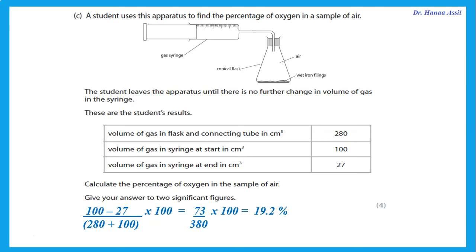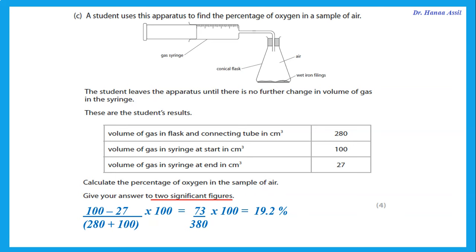Are we finished? No, we haven't. The question says, give your answer to what? To two significant figures. So if you don't change this to two significant figures, you lose a mark. So two significant figures would be 19%, not 19.2. 19.2 is three significant figures.